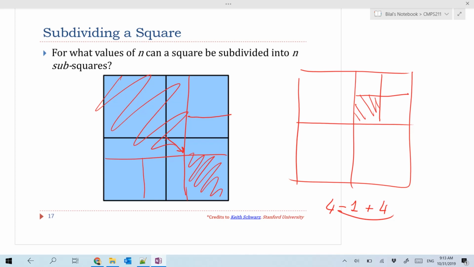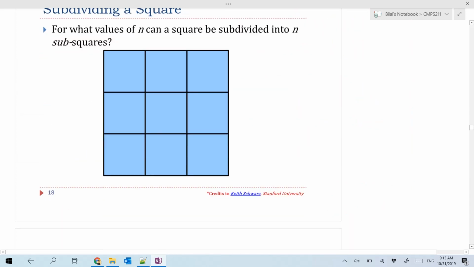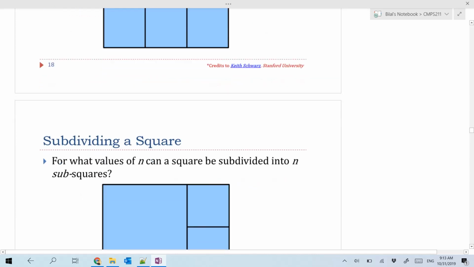But you can obtain 7, and you can think of cases where you can obtain 8, 9, 10. Actually, you can do whatever other decomposition afterwards from 6 on to obtain all the other cases. So here it's a decomposition into 9 squares. You can subdivide, as I told you, into 6.